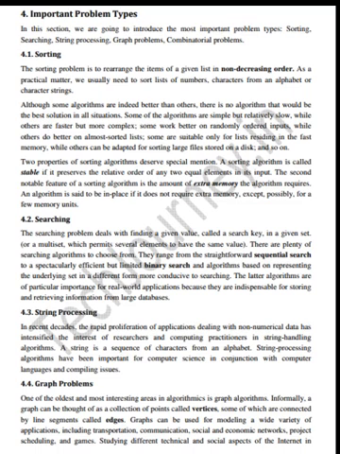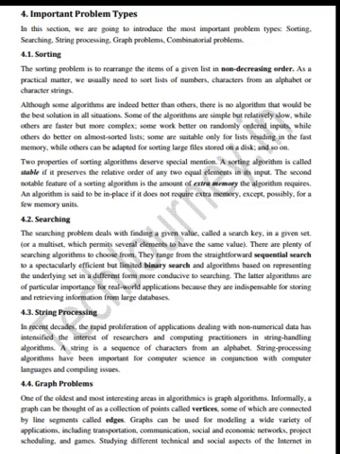Now let us see graph problems. One of the oldest and most interesting areas in algorithmics is graph algorithms. Informally, a graph can be thought of as a collection of points called vertices, some of which are connected by line segments called edges.